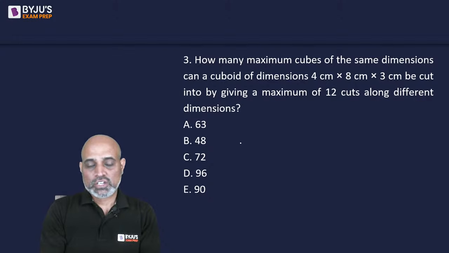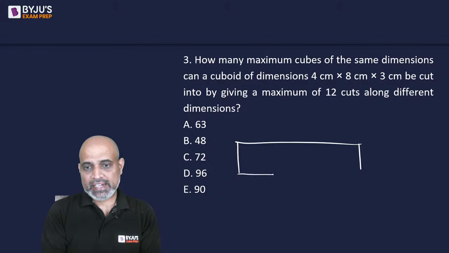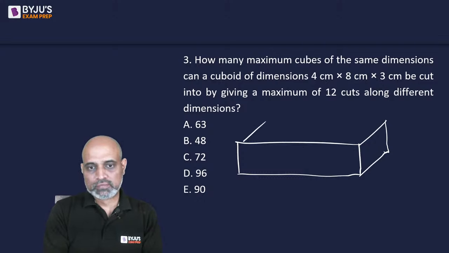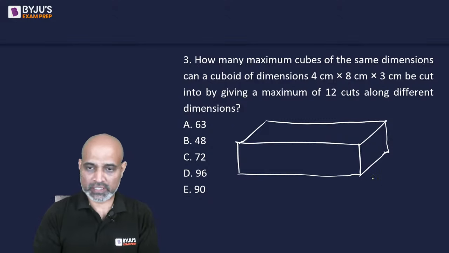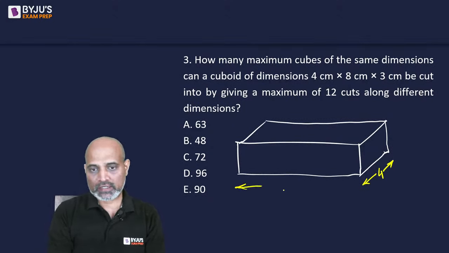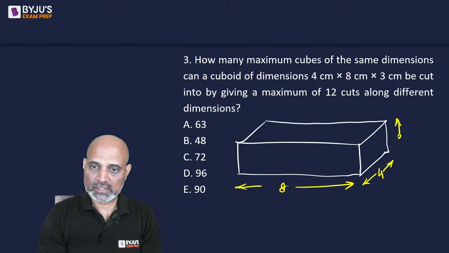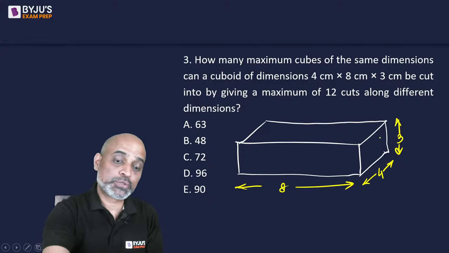Okay. So if I consider this to be 8, this to be 3 and this to be 4. This cuboid, okay. So I'm assuming, sorry, this is 4. This one is 8. And then the height is 3. Now I have to make 12 cuts.